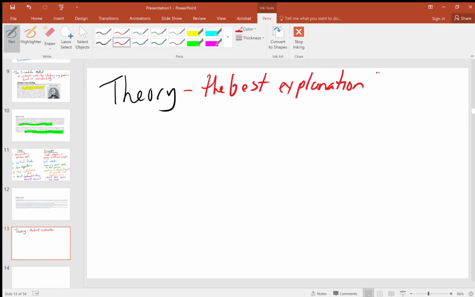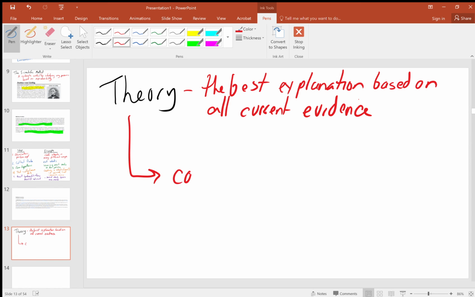But a theory is the best explanation based on all current evidence. And because of the way that we do science, a theory can be disproven. So you find an experiment that doesn't support it, in fact, completely goes against it, and then you have to throw the theory out.